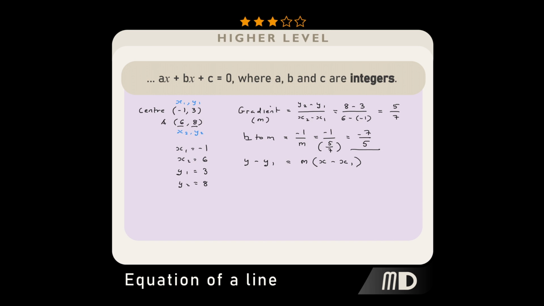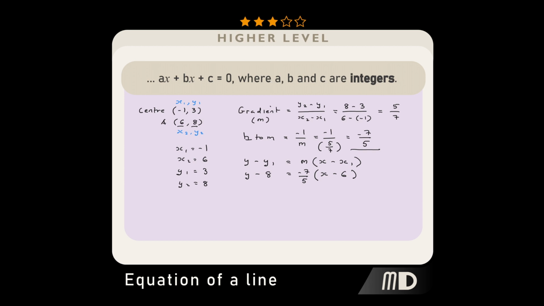And so, y minus 8 is equal to minus 7/5 multiplied by x minus 6.